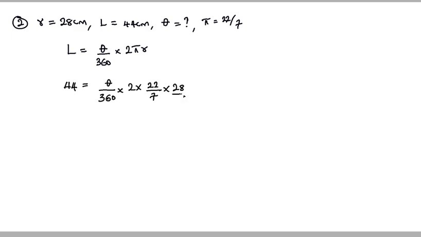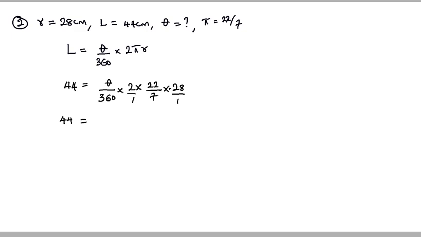Good. So let's call here over 1 and over 1. So 44 is equal to, let's multiply the numbers first. So 2 times 22 times 28 is 1232.